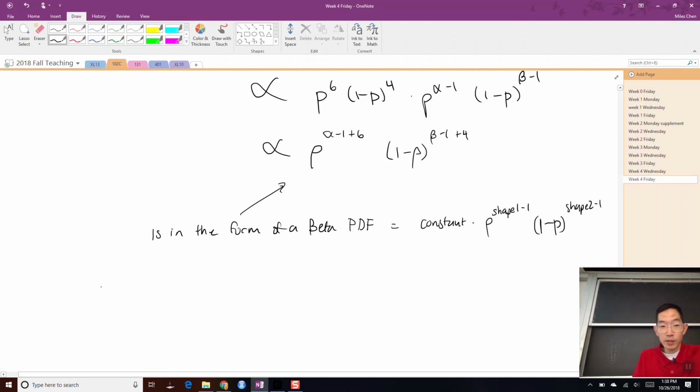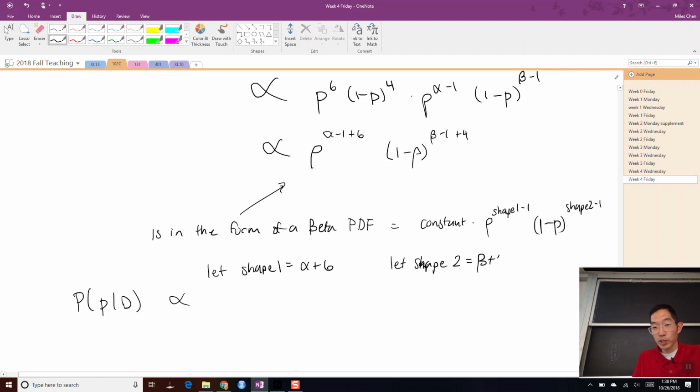And so the probability of P given our data, if we let shape 1 equal alpha plus 6 and let shape 2 equal beta plus 4, we have P to the shape 1 minus 1 times 1 minus P to the shape 2 minus 1, right?